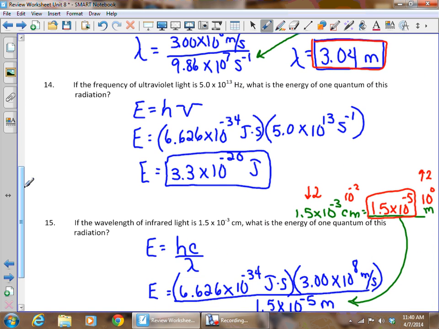The next problem tells us what the frequency is and asks us for energy. Again, you're going to be looking for the equation that has energy and frequency in it. Not only am I going to give you a paper that has all of these equations, but it's also going to have the constants as well.